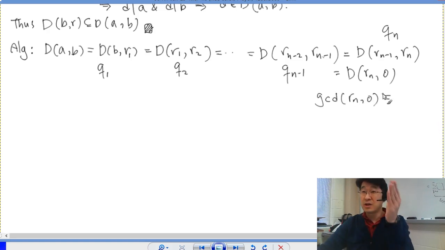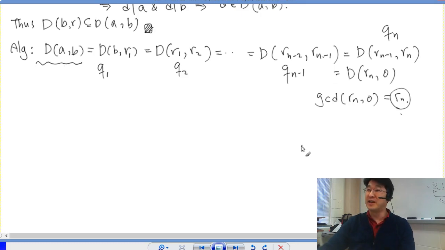Rn. Rn is the largest one that divides it, right? As long as it's non-zero. So the largest divisor is Rn. How about here? What is the largest divisor here? Rn, because these sets are all the same set, right? Uniform method. Fair enough? Yes.